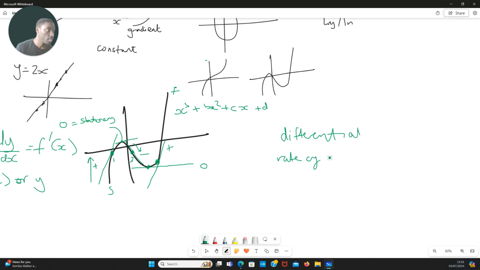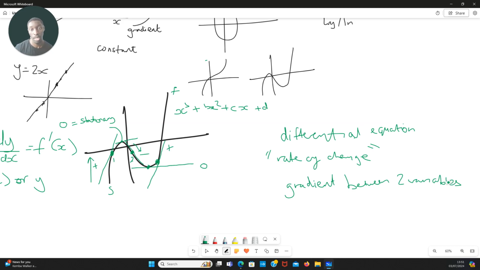And a rate of change is basically when you have the gradient between two variables and they are changing over time. So this rate of change is basically telling us the gradient between two variables.